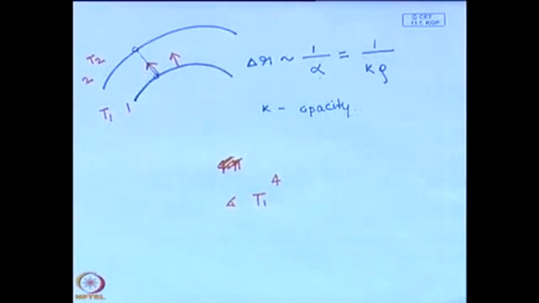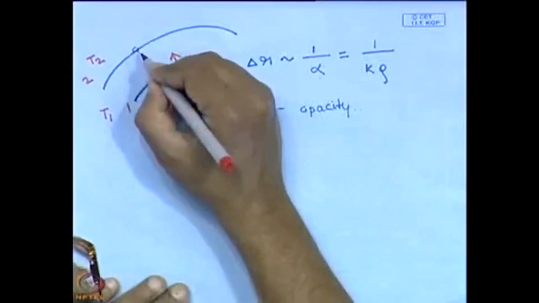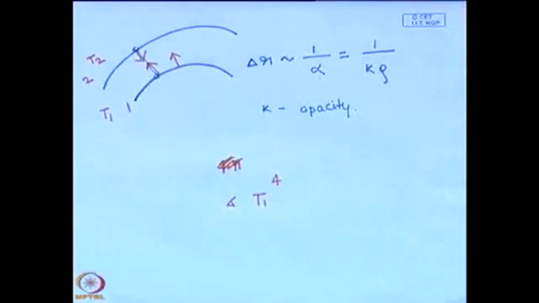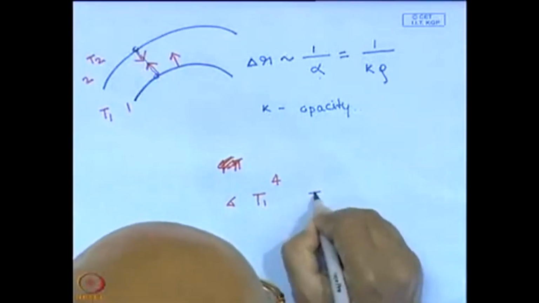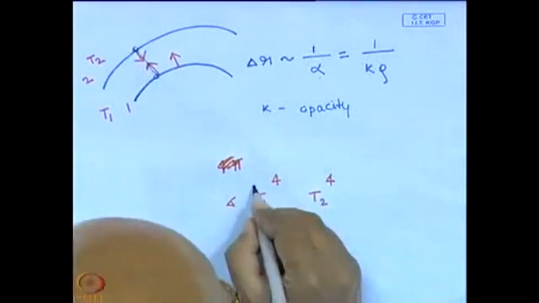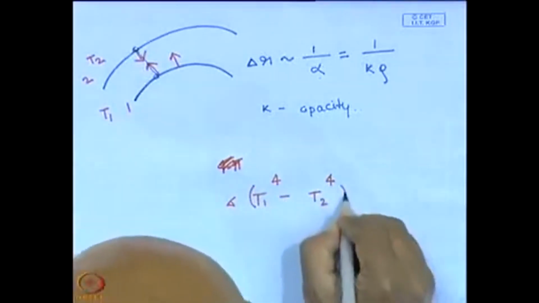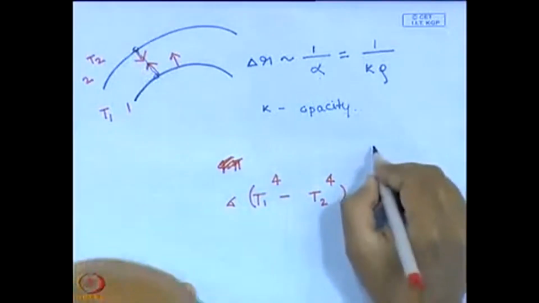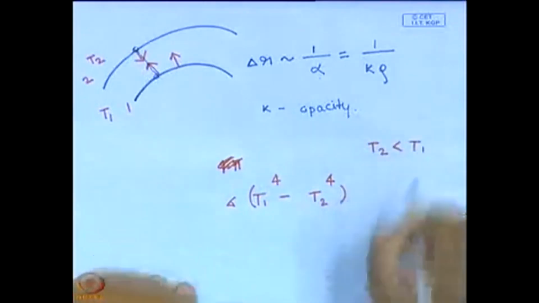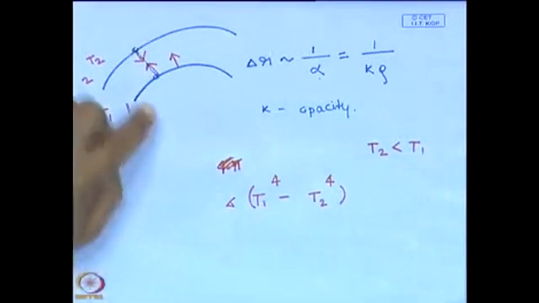Okay. The energy flux which is incident in this direction from the upper surface is going to be sigma T2 to the power 4, right. So, the difference of these two, where T2 is less than T1, right, we know this, as you go out the temperature goes down.